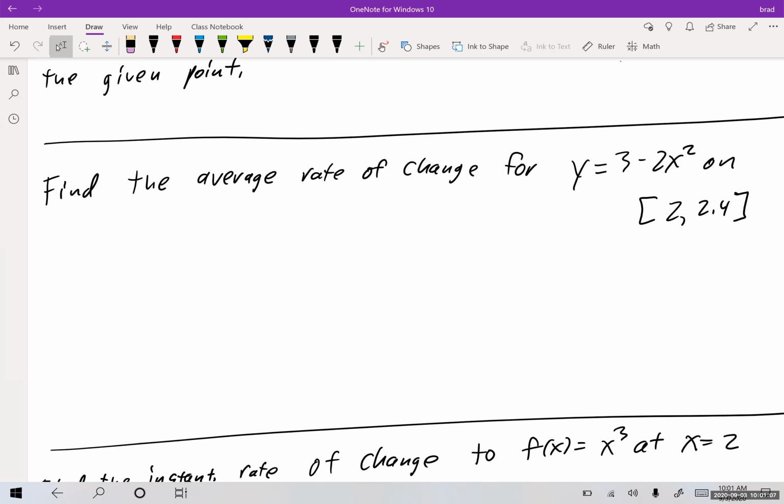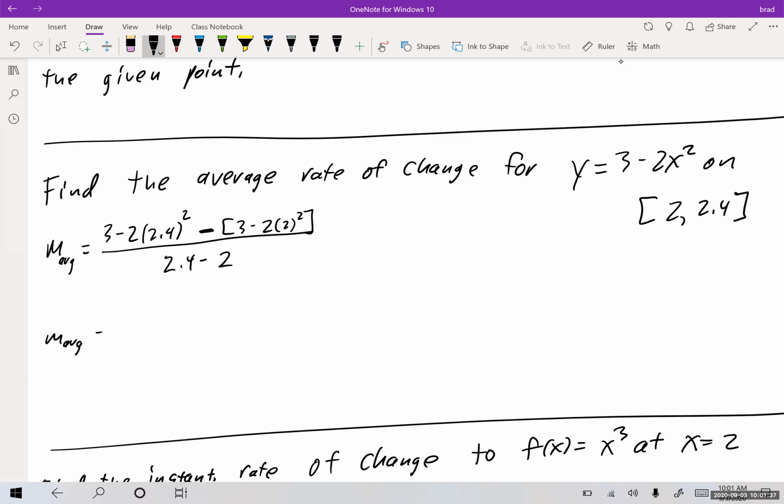All right, so hopefully you guys figured out how to find the average rate of change. It's no big deal. We're just going to say m average is equal to (3 minus 2 times 2.4 squared) minus (3 minus 2 times 2 squared), all divided by 2.4 minus 2. So let me take out my calculator.